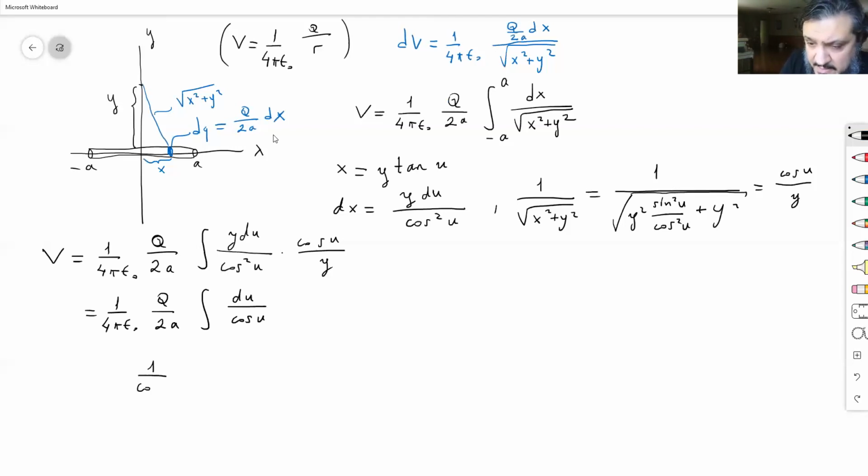So I take 1 over cosine u, and then let's add a tangent, which is sine u over cosine u, and call this a new variable, phi, right? The derivative of the left-hand side: cosine's derivative is negative, so I have negative sine u divided by cosine squared u, then there's another negative here, so that makes positive.